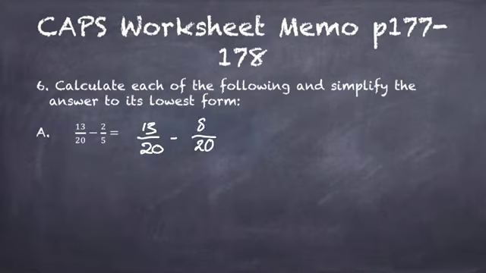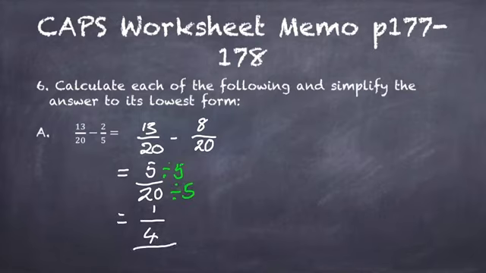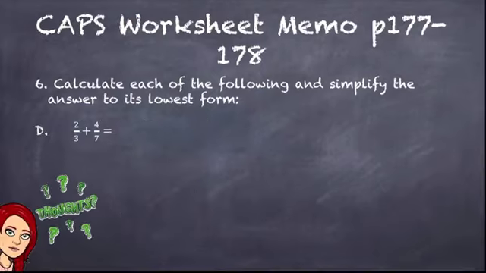So 2 times 4 is 8. 13 minus 8 is 5 over 20. This can be simplified. If I divide with 5, I get 1 over 4. So my answer for 6A is a quarter.